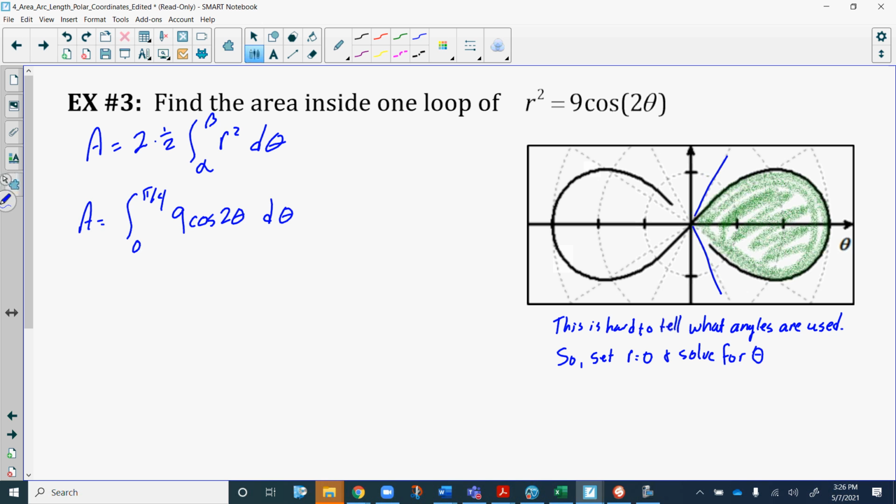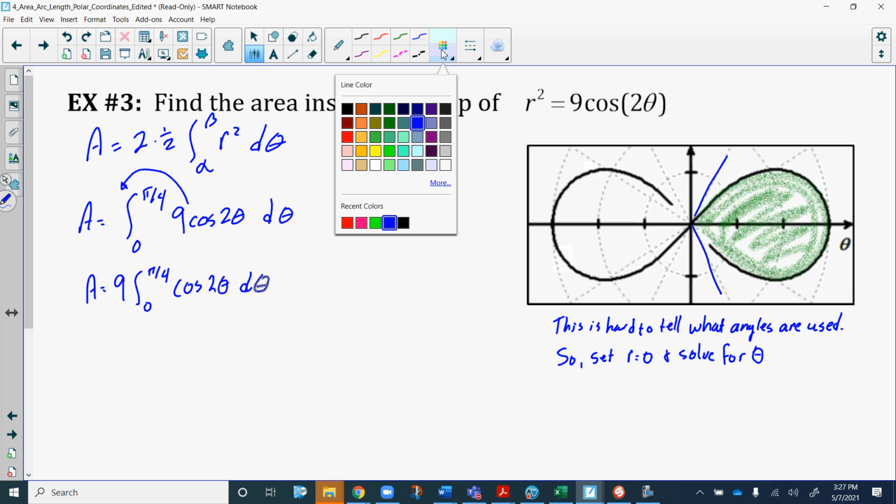So now that I have that, I'm going to pull the 9 out as a constant, so that way I can just focus on cosine. So here I'm going to say 9 times the definite integral from 0 to pi over 4 of just cosine of 2 theta d theta. And like I did on the last one, at this point, I'm going to use u-substitution here.